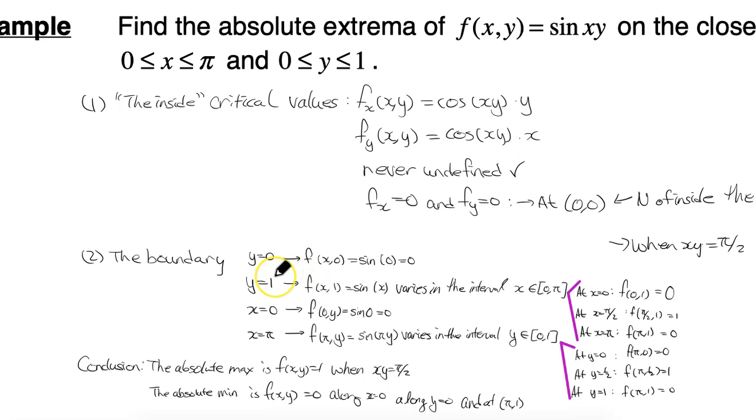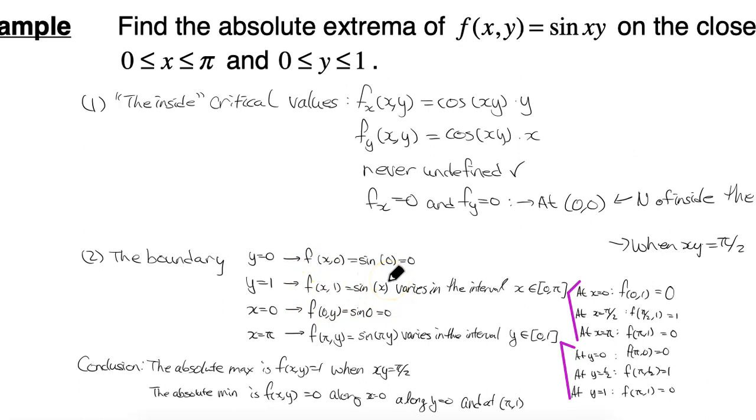If y equals 1, then f of x, 1 becomes sine of x, because it's sine of x times y. So that's a little tricky. We now have a function of one variable, sine of x, in the interval from x equals 0 to x equals pi. And we luckily have a function that is not too hard to study.